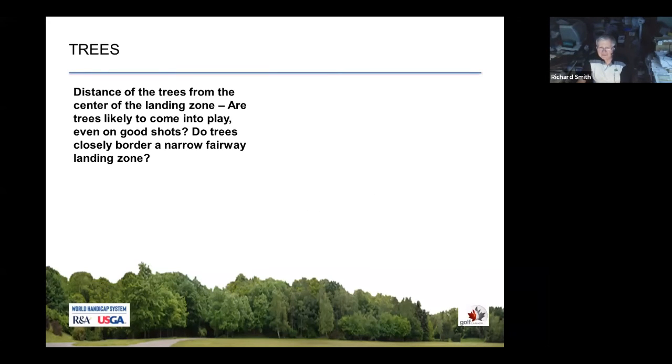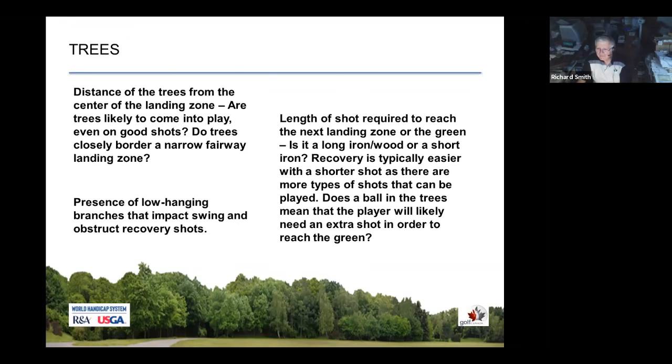Distance of the trees from the center of the landing zone, which is similar to all lateral obstacles. Presence of low-hanging branches that might interfere with your swing if you were under the trees. And what kind of shot is required?